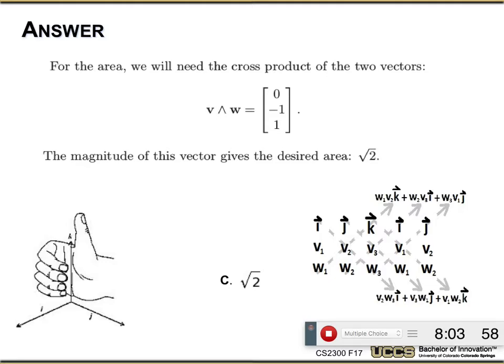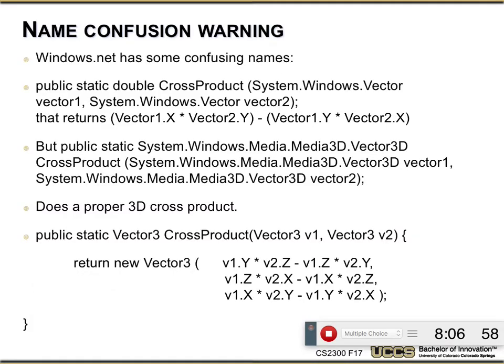Now, I also wanted to point out something I learned last year. We had students doing stuff in C#. There's some name confusion that you might have to deal with if you're working in Windows .NET. In .NET, there's a function called cross product, which will take 2D vectors and do something that is completely unrelated to the 3D cross product. If you're coding and you give it a vector, it returns the x of one times the y of the other minus the y of one times the x of the other, as opposed to the 3D cross product.